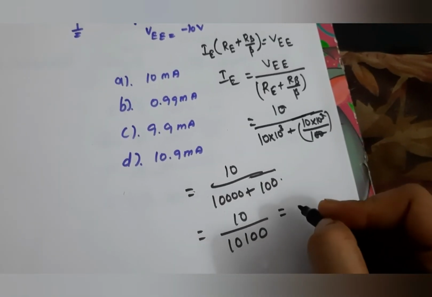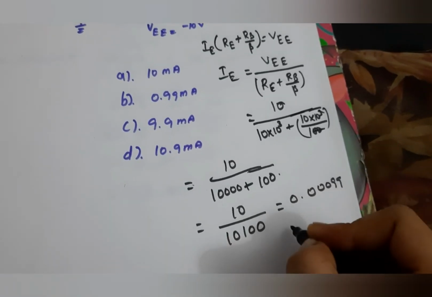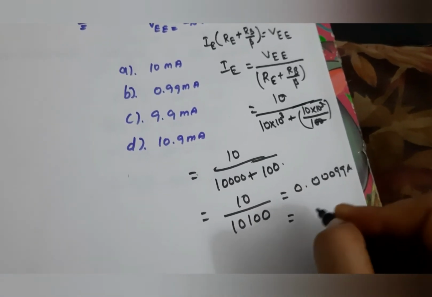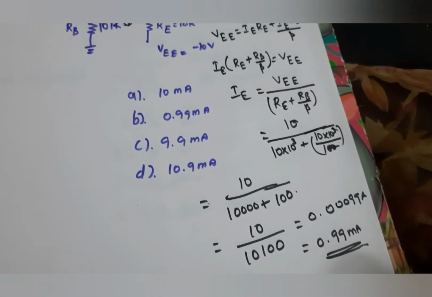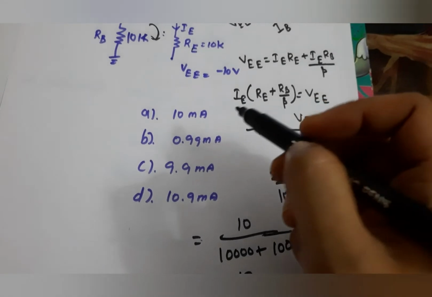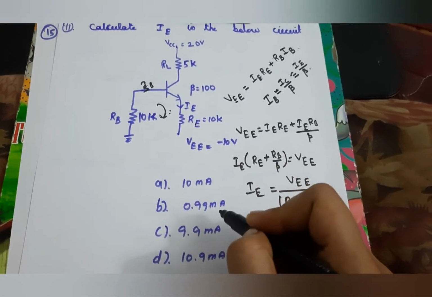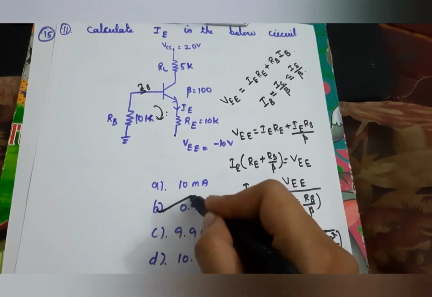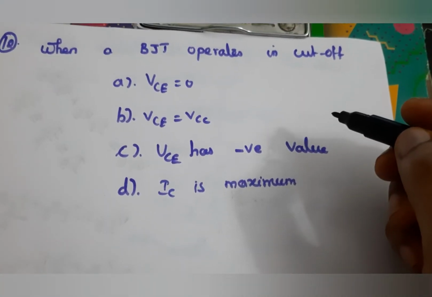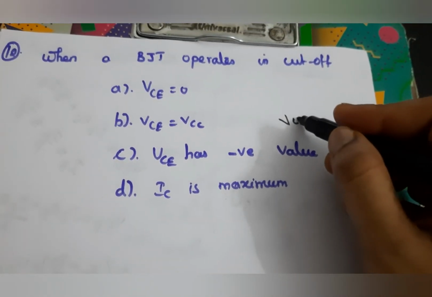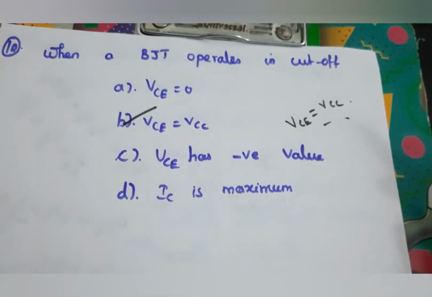So solving this, we will get 0.00099 amps, otherwise 0.99 milliamps. So the IE current here is 0.99 milliamps. Here the answer is B. And 12th question: when a BJT operates in cutoff, for cutoff condition VCE is equal to VCC. So here the answer is B.